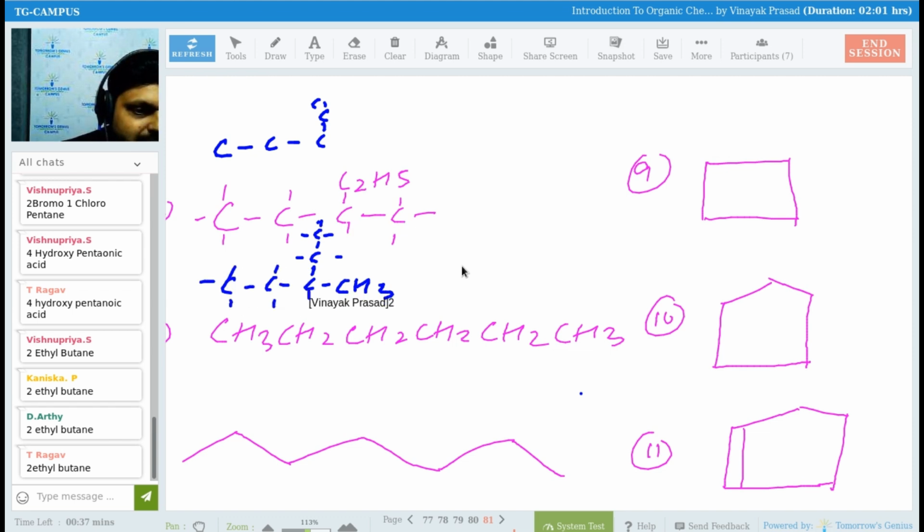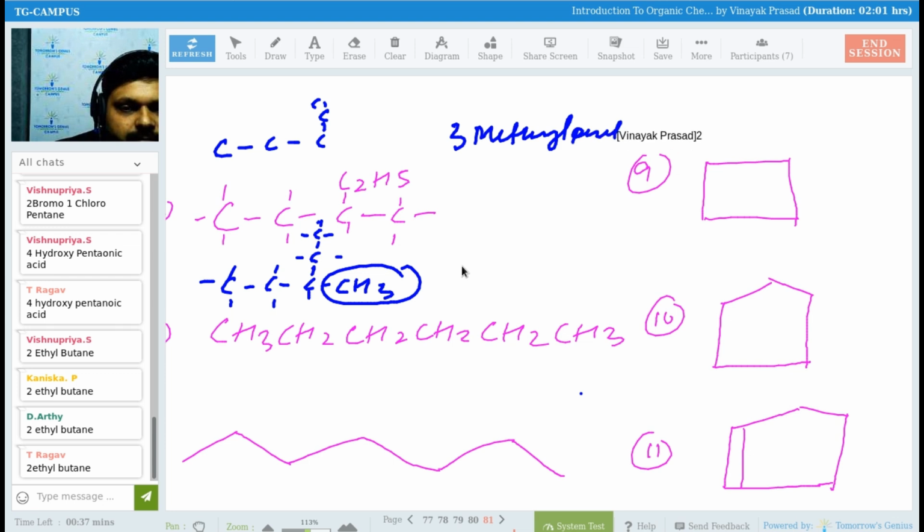So now tell me, 1 carbon, 2 carbon, 3 carbon, 4 carbon, 5 carbon. And this will be your substituent. So 3-methyl pentane. This is the right name for this compound.